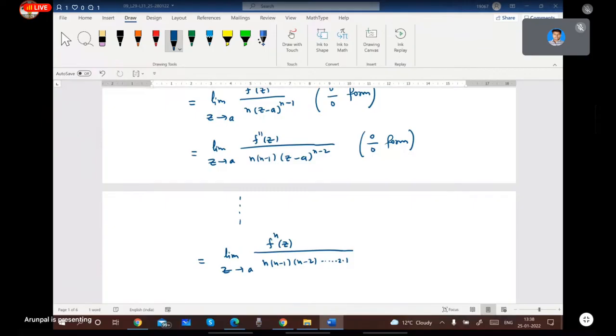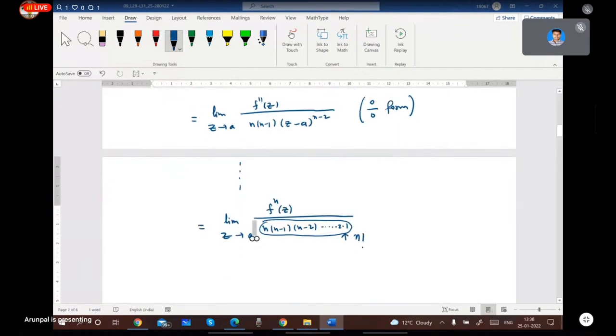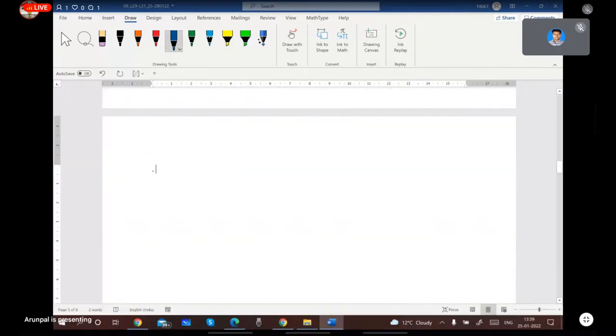So class, you can see this denominator is nothing but n factorial. And now, class, we are out of 0 by 0 form. So this will finally be equal to f^(n)(a) upon n factorial, because you know that f is analytic. So f is infinitely differentiable. It means the derivative of f of every order is continuous. So when you take limit z tending to a, you can take it inside.